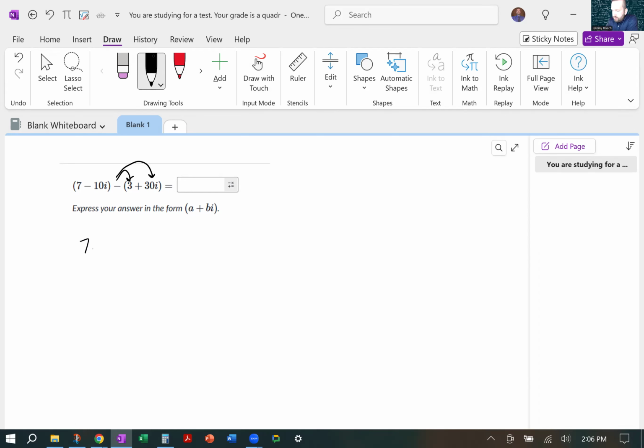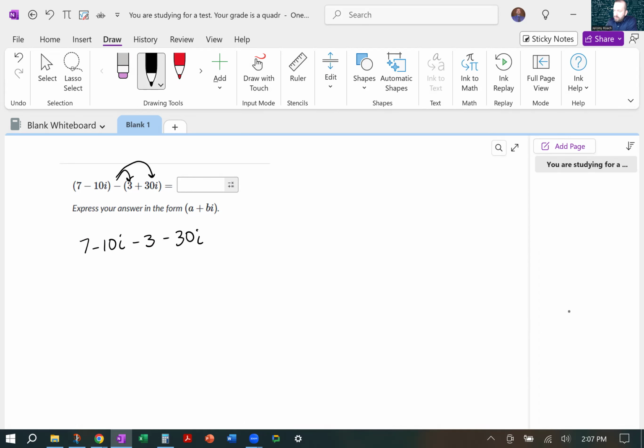So this is 7 minus 10i minus 3 minus 30i. Okay, so that minus has to go to both of them. If you just do the minus 3 and you leave this a plus 30i, you'll get the wrong answer. So you can also think of it as a negative one on the outside, and we're doing a distributive property like that. So that's why those parentheses are there.